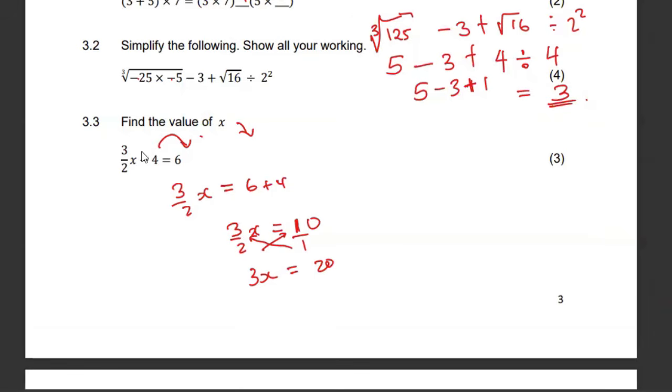And then if we are to look for x alone, we're going to divide 20 by 3. So I would prefer to leave it in that sort of format because there is no other way.